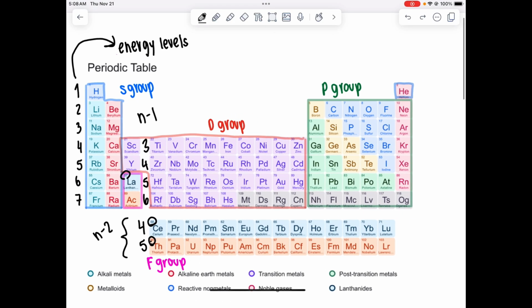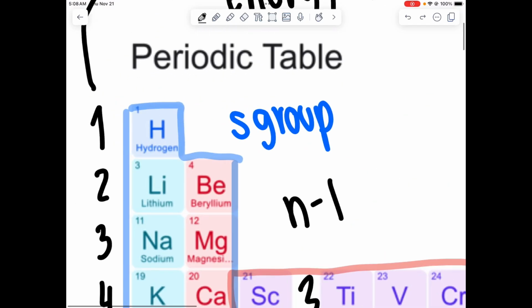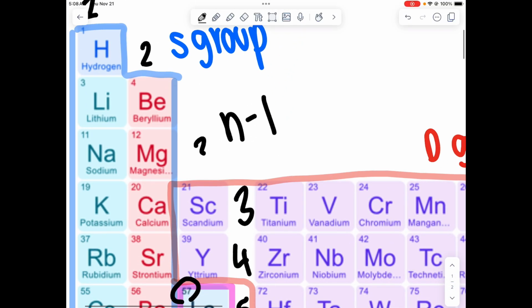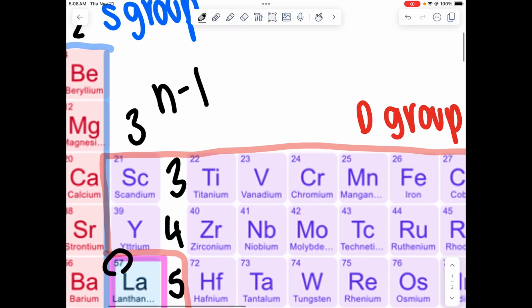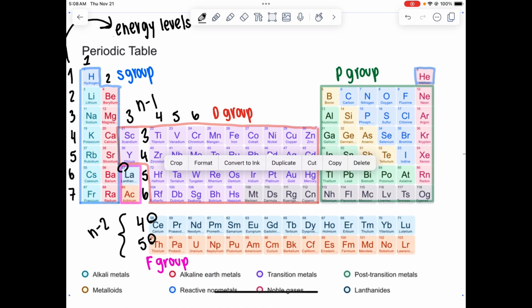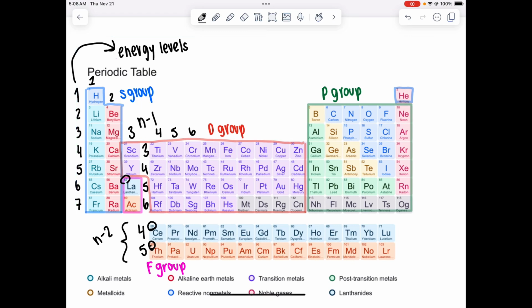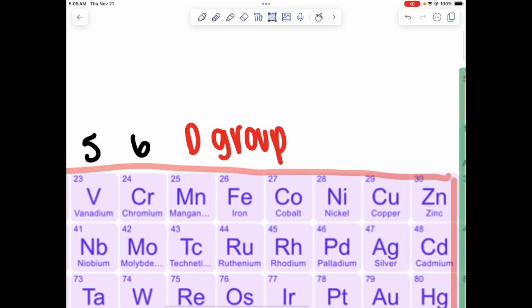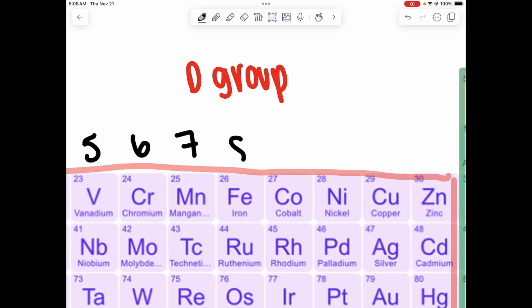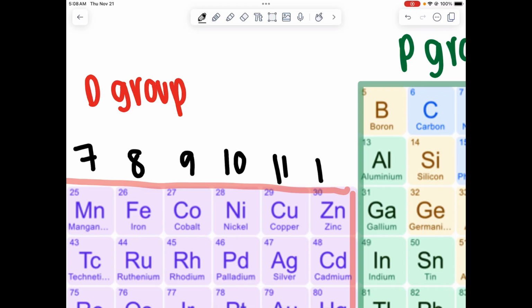And now they also have columns. This is column 1, column 2, column 3. This is column 4, 5, 6. This is column 7, column 8, column 9, 10, 11, 12.